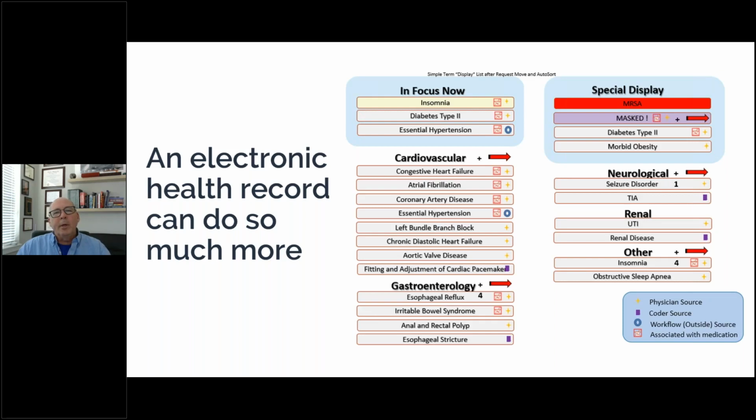I can take a problem and I can hide it from view. You see that masked purple indicator at the top right there, because it's so private, I don't want it automatically displayed for everybody that comes by. I can give a clinician little icons that tell them the source of the problem and so on. In a nutshell, there is a whole lot that we can do around the problem list beyond just simply listing it out.